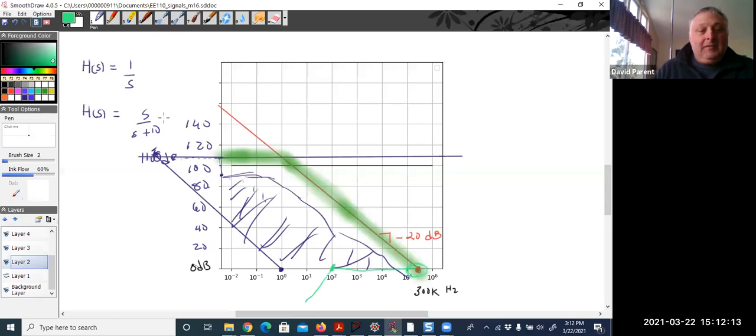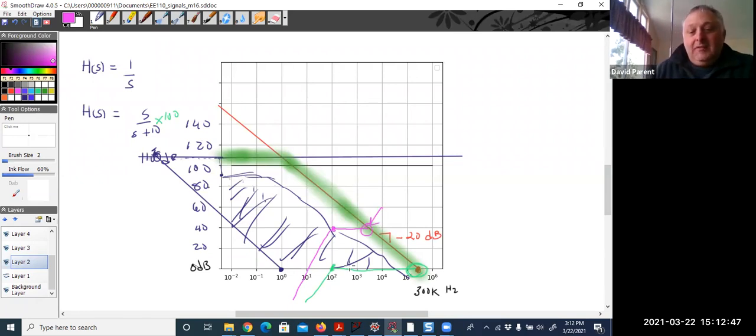Now, what if it was times 100? That would be 40 dB. So the break point is still 100, but it's going to even out at 40 dB. That's 20 dB per decade. And so this will work like a high pass filter until this point.